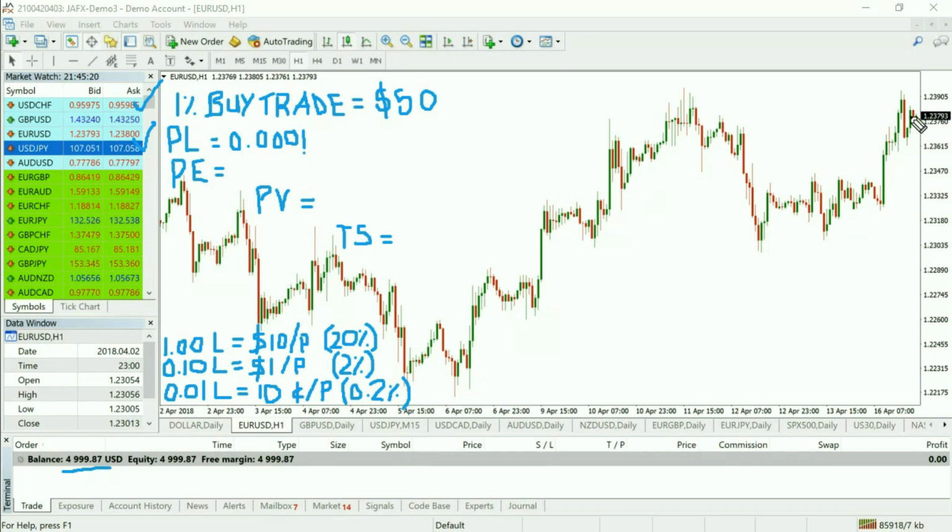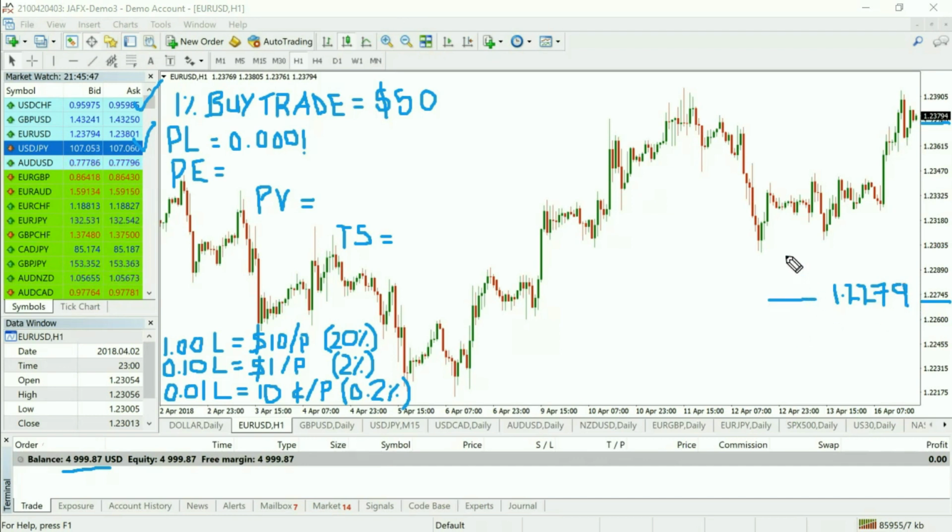So let's say, for example, we look to get in at the current price of 1.2379, and we look to exit at a price of 1.2279. So we're actually looking to place a stop loss around this particular price.